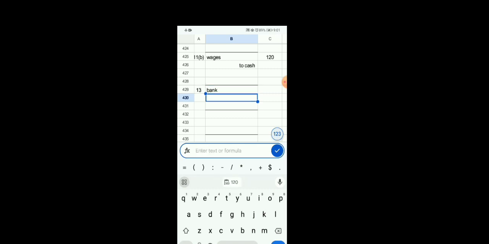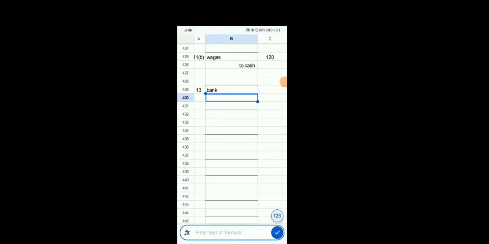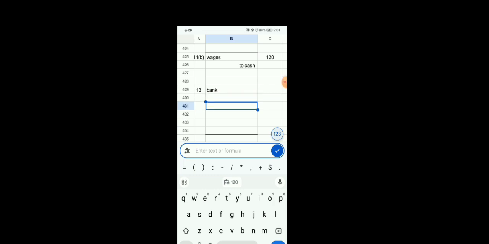From whom have you received this check? Entry number 13: you have received this check from Aftab. Aftab is the name of the person from whom the amount was receivable, and you have now received that amount. That means Aftab is no more your account receivable, no more your asset. Asset is decreased.